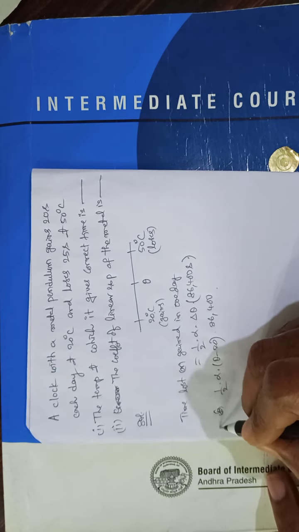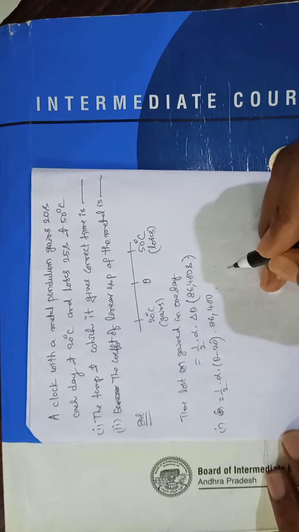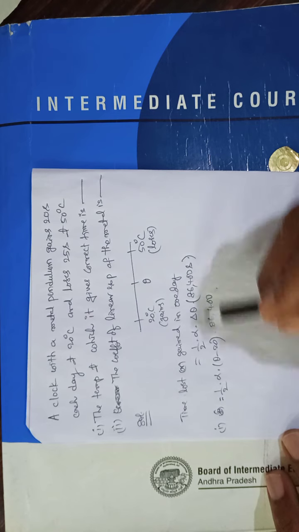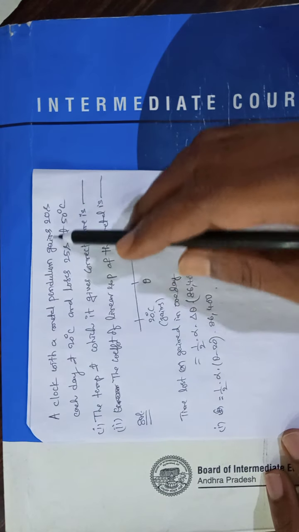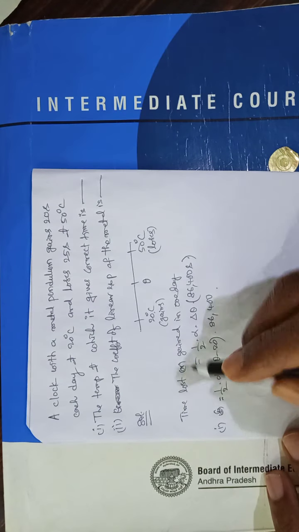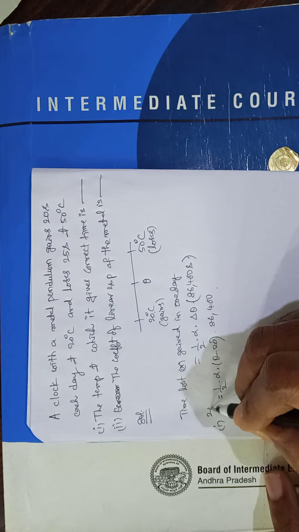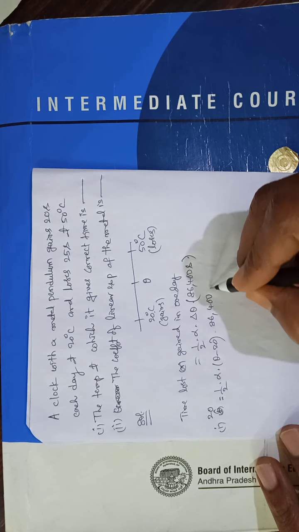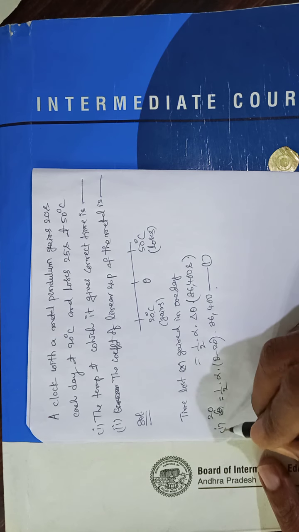Let us write this one here is equal to, see in the initial case it gained 20 seconds. So on the left hand side, the time lost or gained, it has gained 20 seconds. Equation 1.